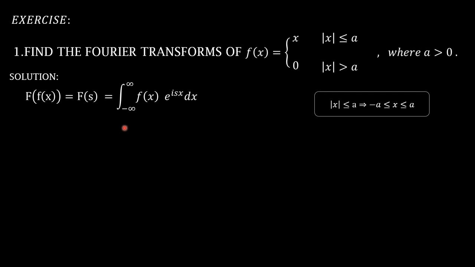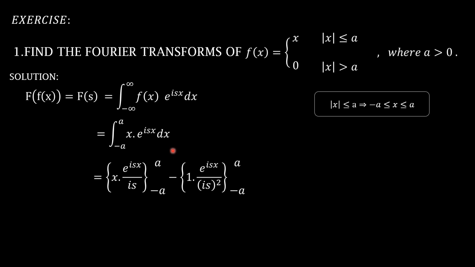So finding the Fourier transform in the interval minus infinity to infinity is the same as finding it in the interval minus a to a, because outside this interval the function value is 0. So evaluating in the interval minus a to a, the function f of x is x into e to the power isx dx.